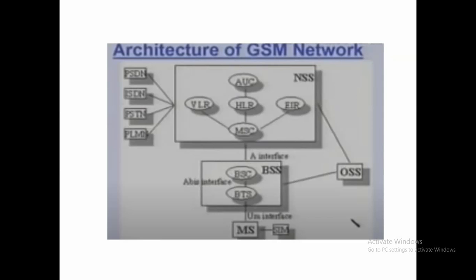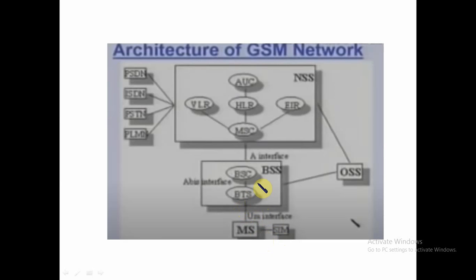So here is a bird's eye view of the GSM network architecture. You have the base station subsystem, and then there is a mobile station which is connected to the SIM, the subscriber identity module. Then you have the base transceiver station, that is the BTS, and the base station controller.